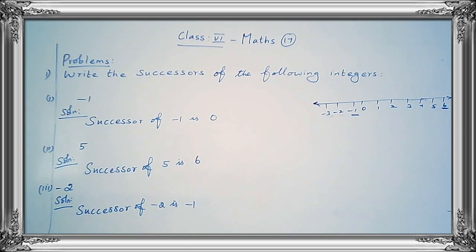0. Next 5. Successor of 5 is 6. Next minus 2. Here minus 1 lies on the right side of minus 2. Okay.